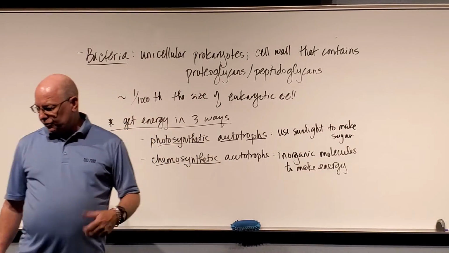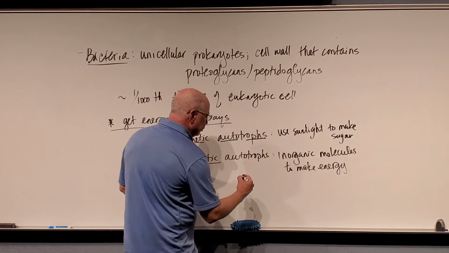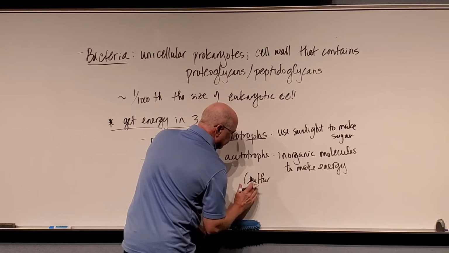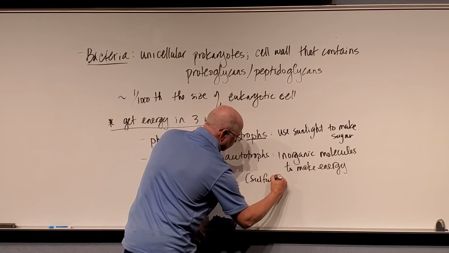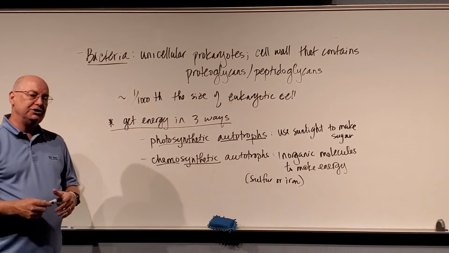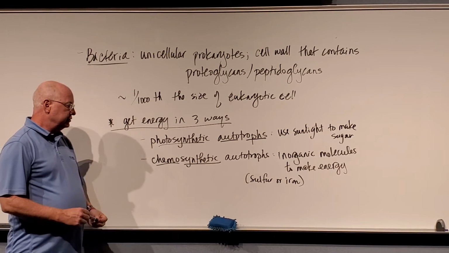And a couple of those molecules would be things like sulfur or iron. So they can use things that are not carbon-containing, like sulfur compounds or iron, and then they use those to synthesize energy. And we'll talk about how and why when we do the metabolism of some organisms, okay?